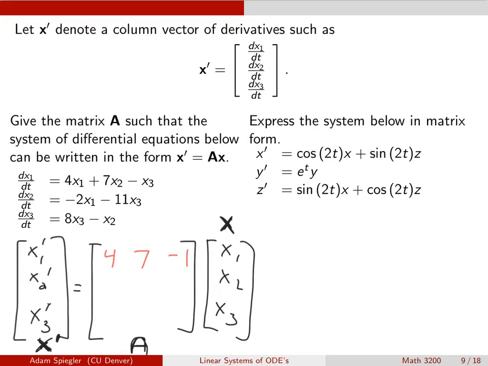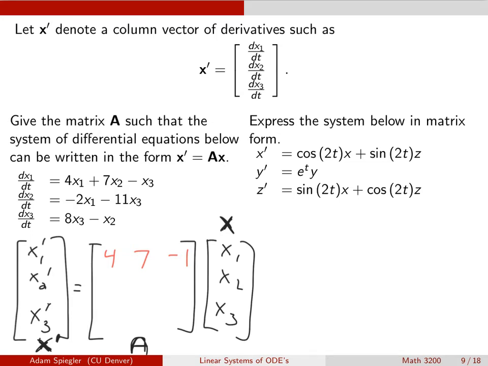And now you can check that if I were to multiply this times this, I would get 4x1 plus 7x2 minus x3 equals x1 prime. And we do that for the other equations too. We just need to be careful that we get things in the right order.